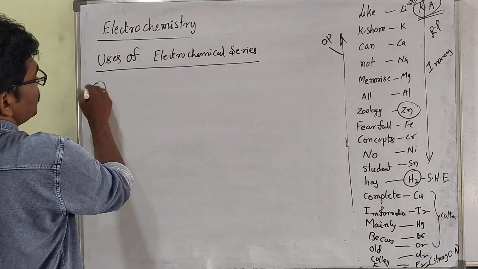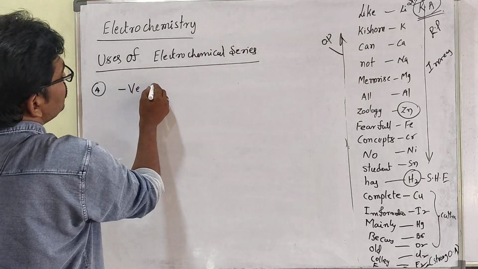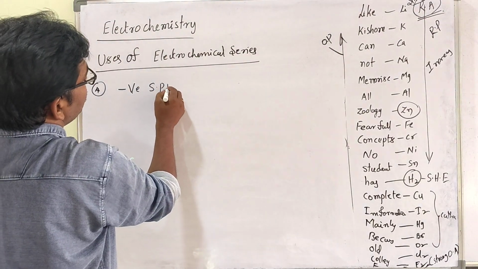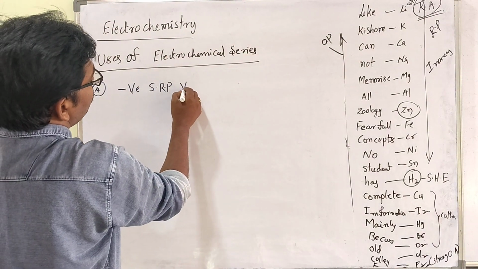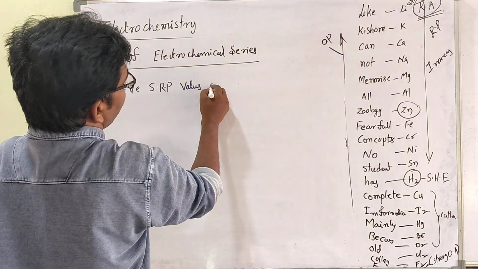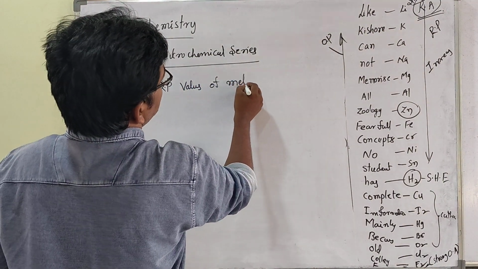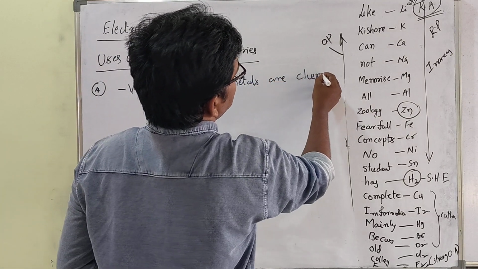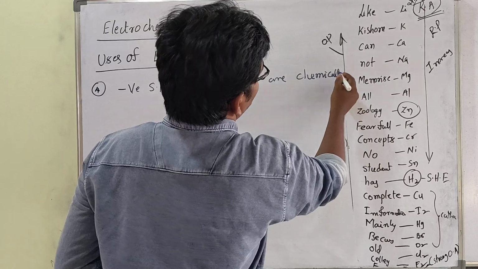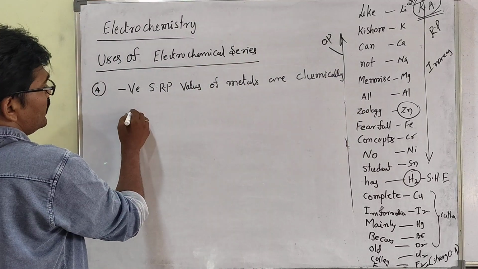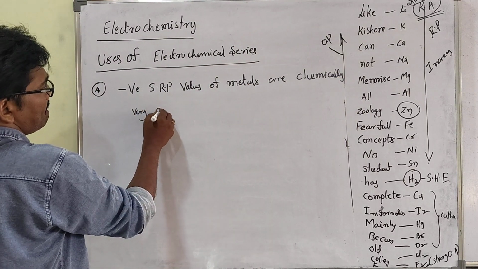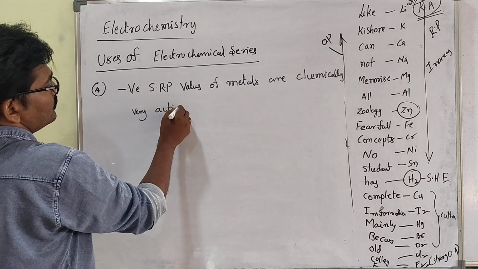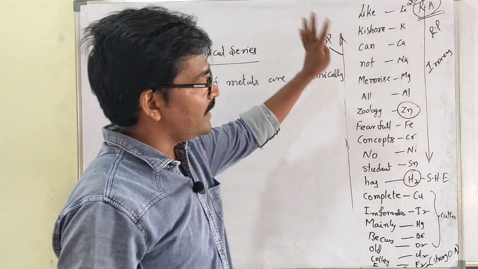Next, fourth information: negative SRP values of metals. Metals are chemically very active. So these are chemically very active.